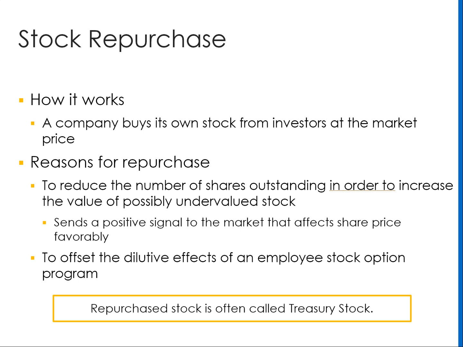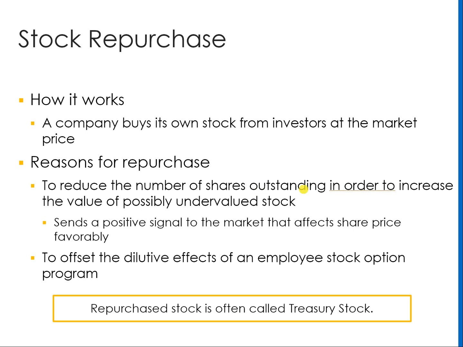Common stock and preferred stock increase equity, and a stock repurchase is going to reduce the company's equity. So how does it work? A company, just like human beings, can buy stocks from the market. There are many reasons for a repurchase, and typically it is going to reduce the number of shares outstanding.